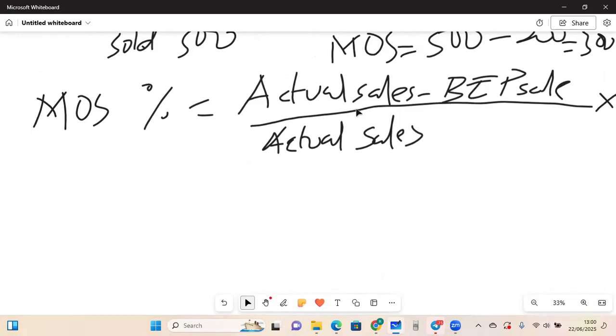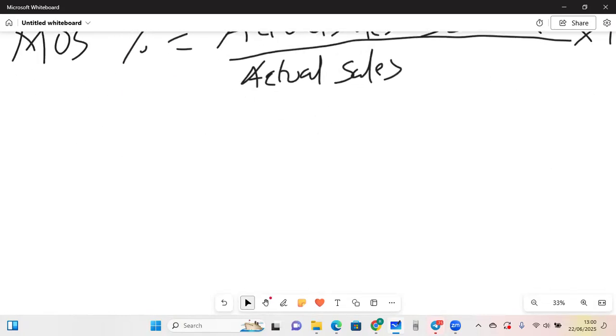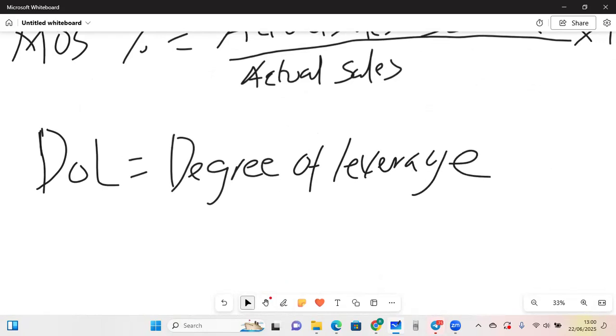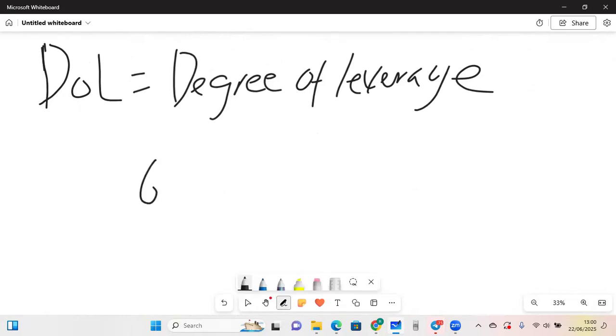So when you solve for the DOL, the degree of operating leverage, and you get any figure, let's say 6, and then they tell you that sales has increased by 6%, you multiply by the 6, and then it is going to give you 36.